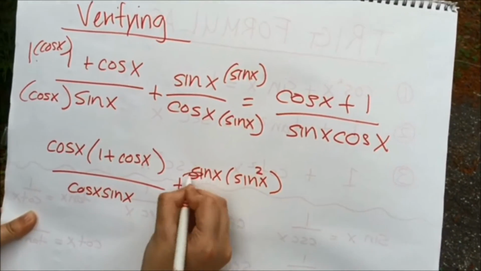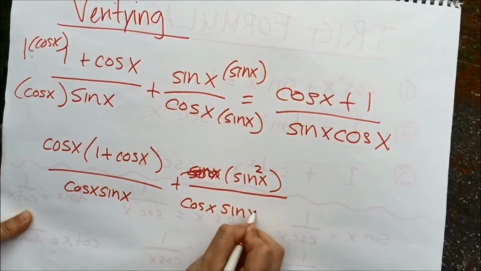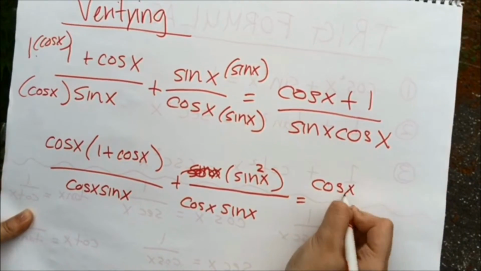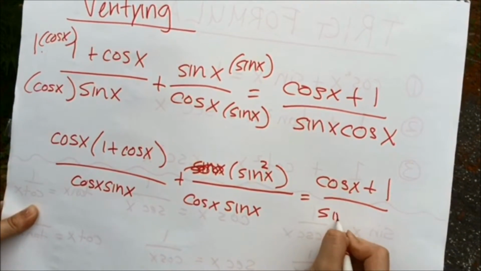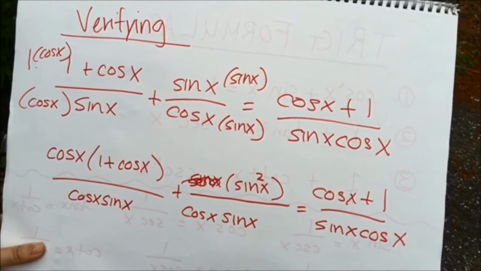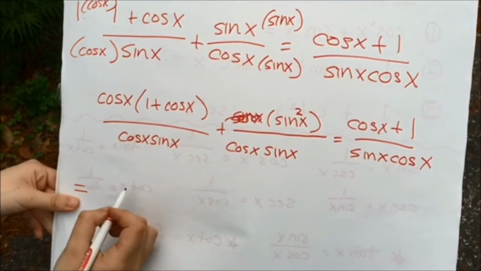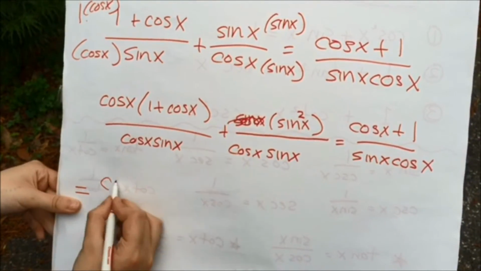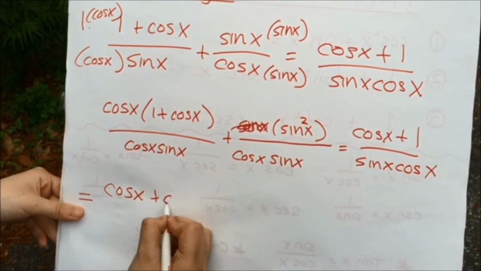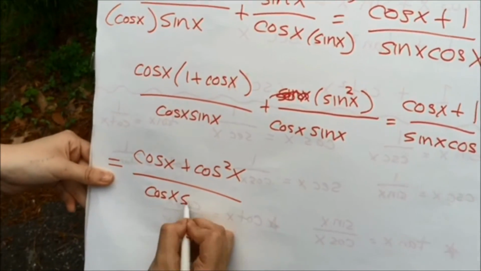I should have just said it. And then cosine x sine x equals cosine x and then you add basically, so and then I would multiply these two, so it's cosine x plus cosine squared x over cosine x sine x.